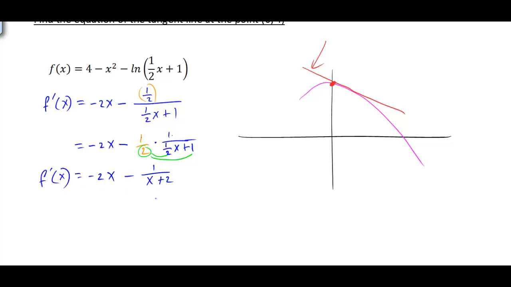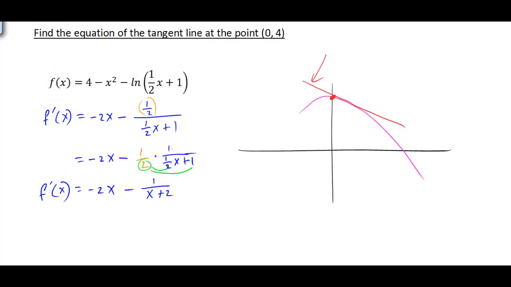And we don't really need to simplify this any further, because remember, we want to find the derivative at our point up here, 0, 4. So I'm going to evaluate the derivative at our point 0, 4. That means the x value, what is the derivative when x is 0?